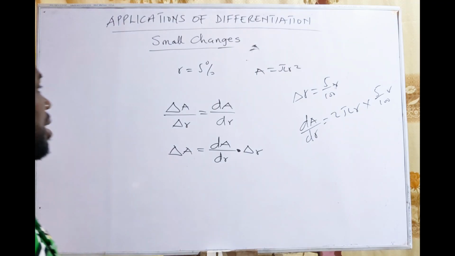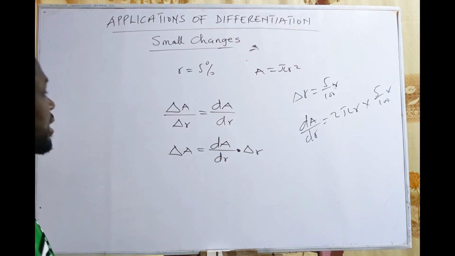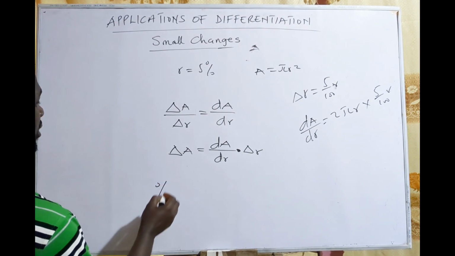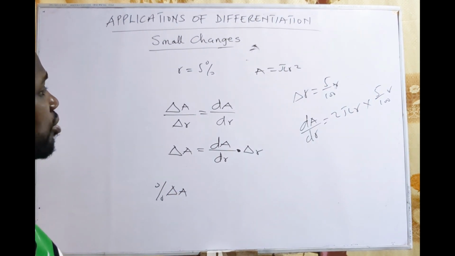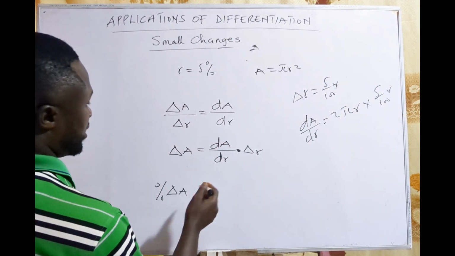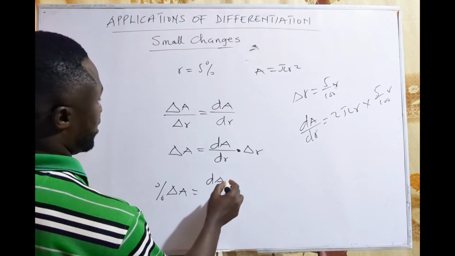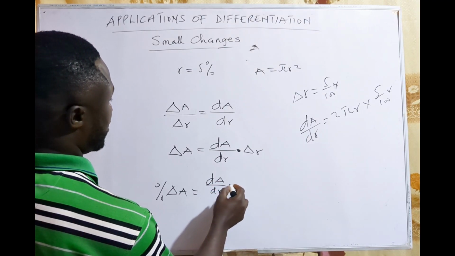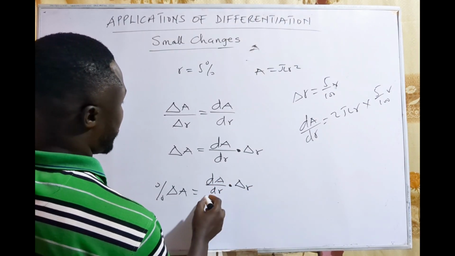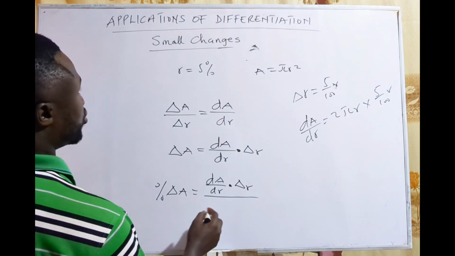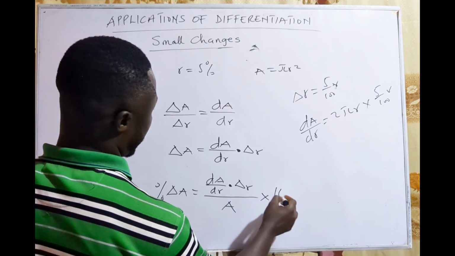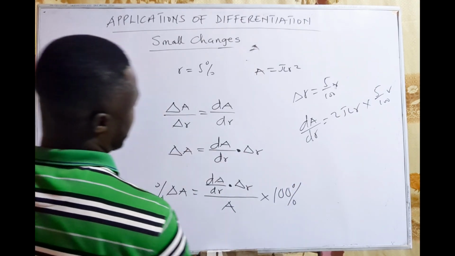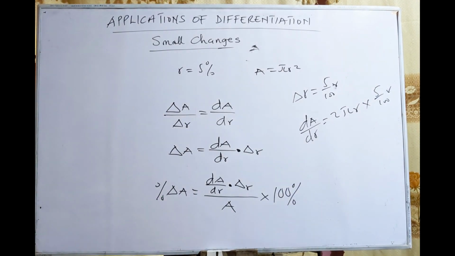And sometimes they can ask you to find the percentage change. So for the percentage change in the area, what I'm going to do is take the result you get from here, dA on dr times the change in the radius, and divide by the actual area, and multiply by 100%.